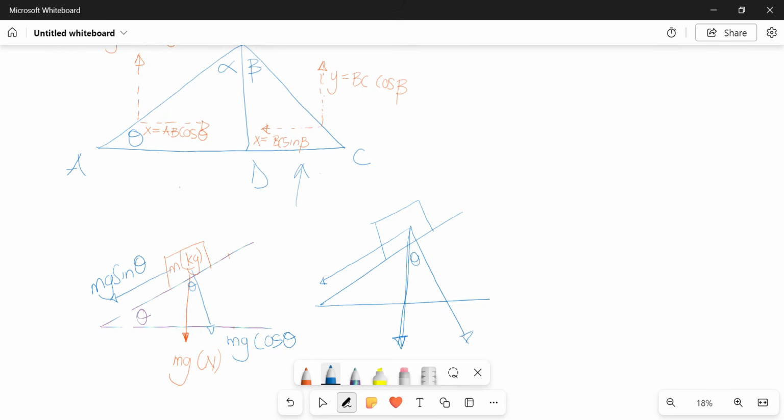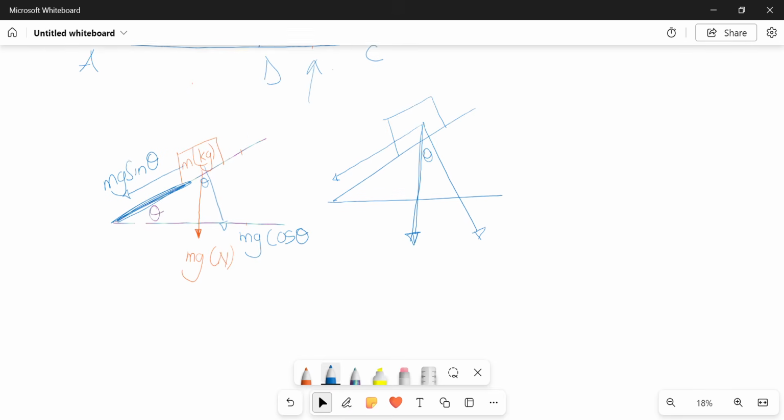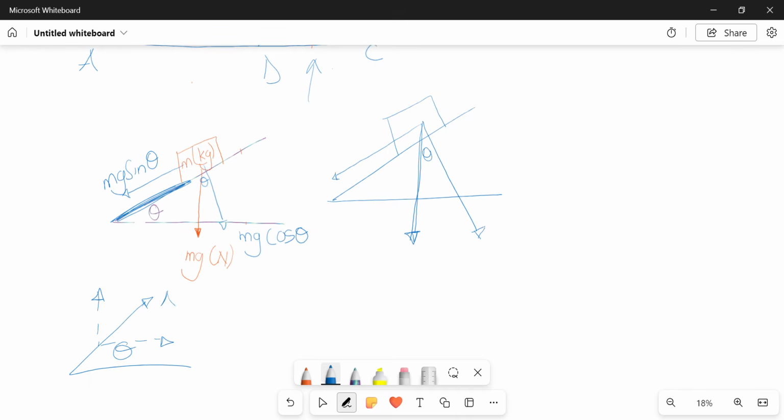In normal circumstances, if we were taking components of this line, with some length a, they would be a cos theta and a sine theta. But we're not considering this angle here. We're considering this angle, which is between your line of force and its component. I hope this part makes sense.